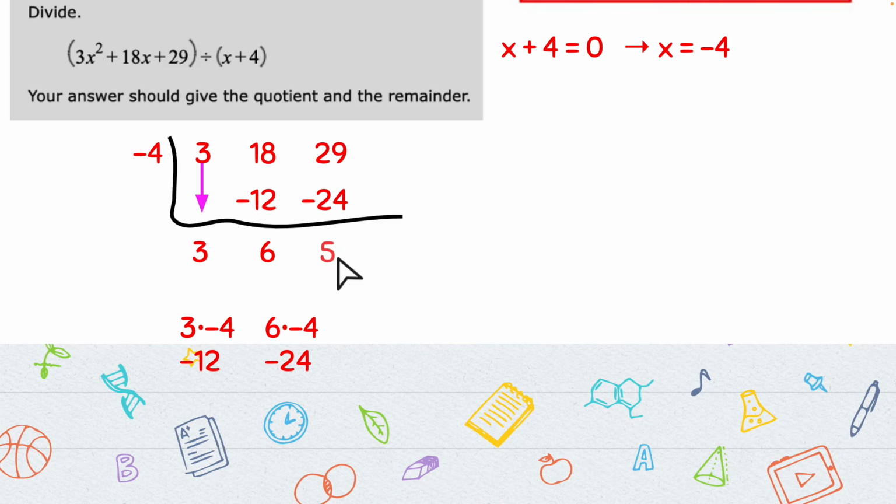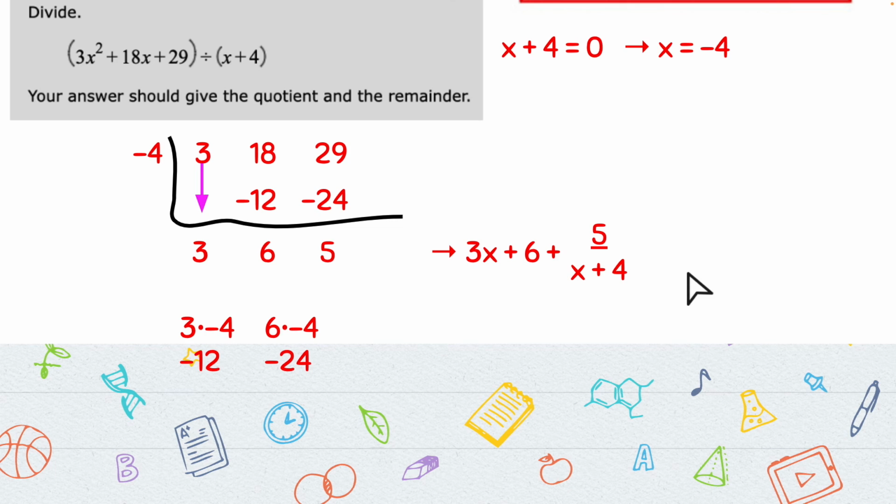This is my remainder, because it's the last thing that I did, and it's not a 0. It started with squared, so remember, we take a step down for that first one. So it's just going to be 3x plus 6, and then plus the remainder, which is 5 over x plus 4.